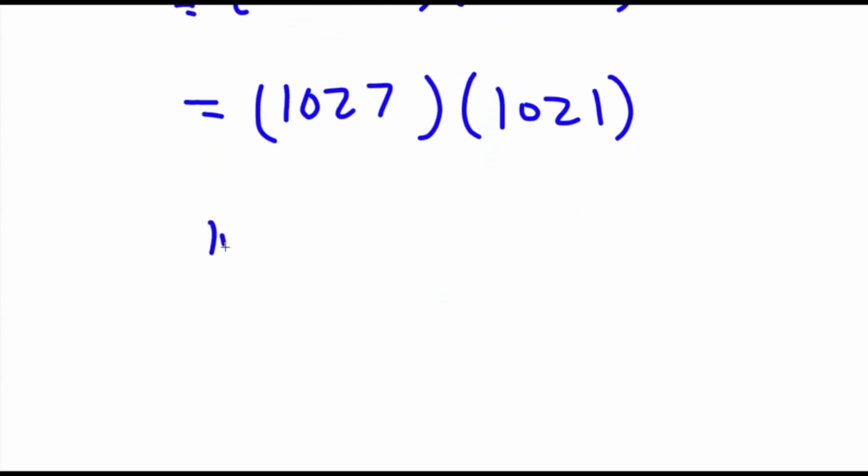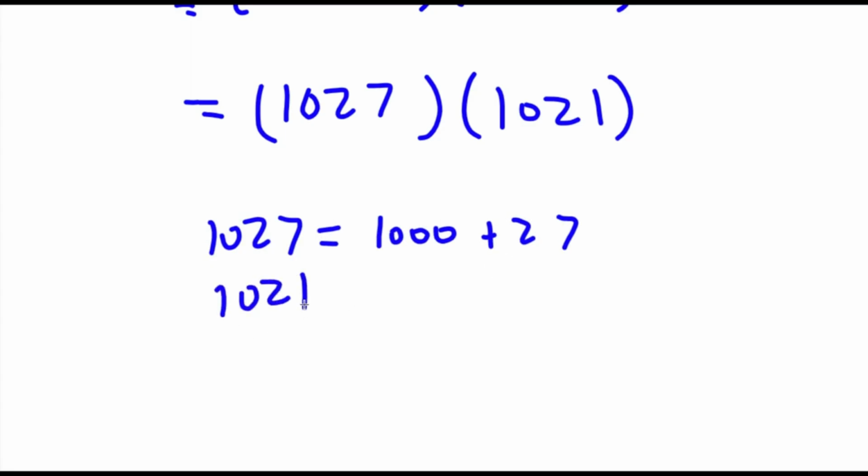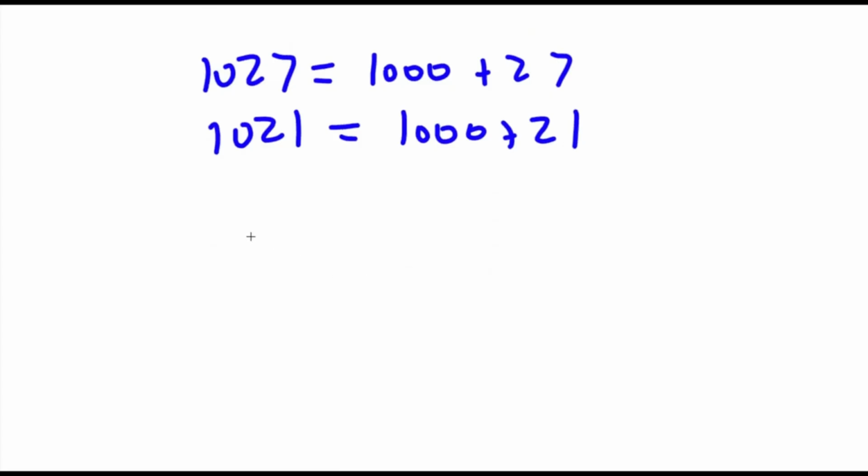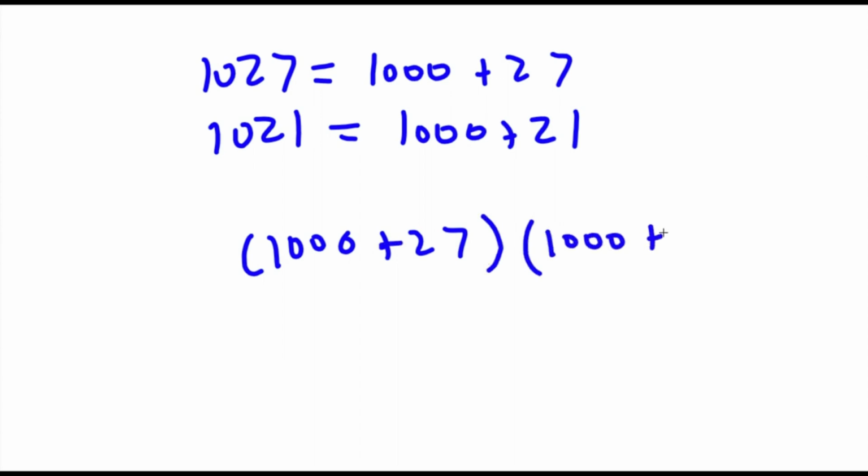Now 1027 is equal to 1000 plus 27, and 1021 is equal to 1000 plus 21. So if I substitute these values in, I get 1000 plus 27 times 1000 plus 21.